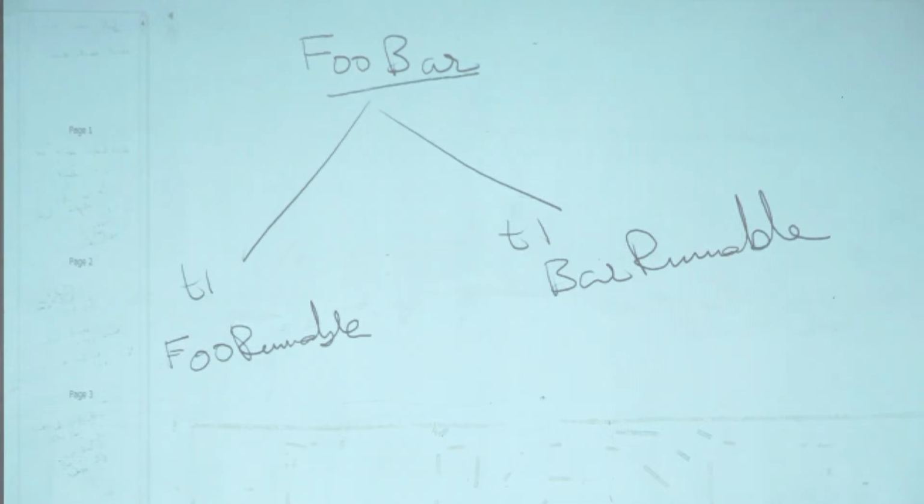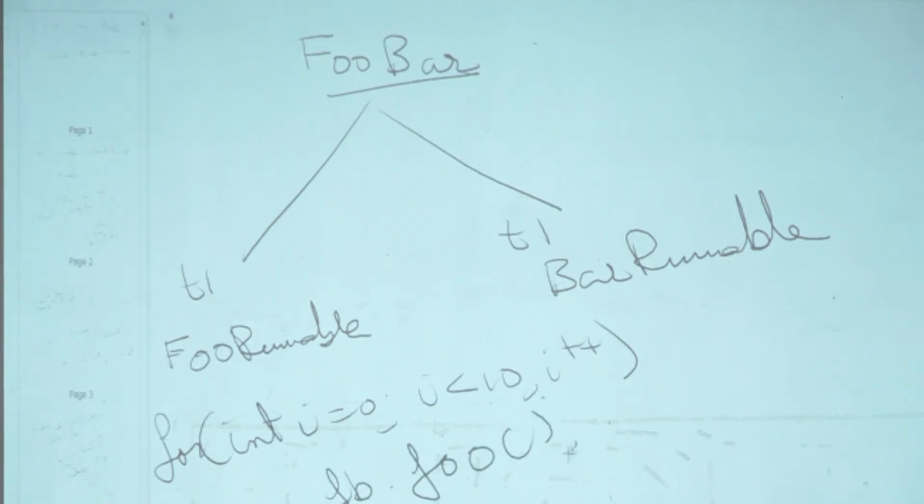So on the shared object which is passed to both the runnables, that means to both the threads, what will this do? This will say for int i equal to 0, i less than 10, i plus plus, on this foo bar object, let us call this FB, FB dot foo, it will call.